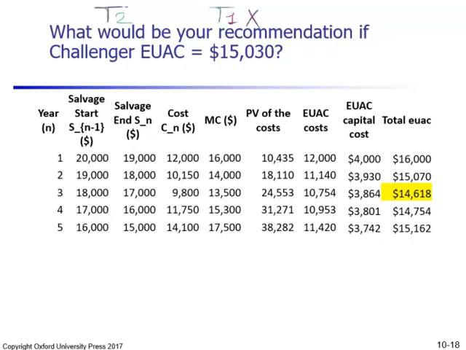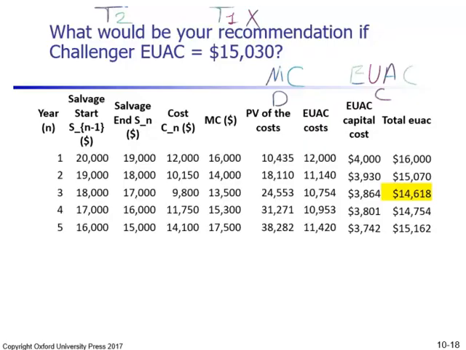In technique 1, it says to compare marginal costs with EUAC. Marginal cost is for the defender and EUAC is for the challenger.